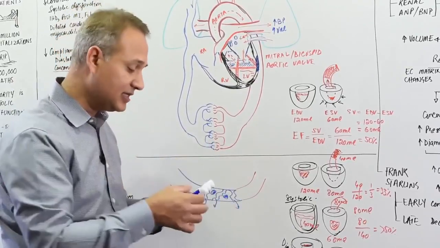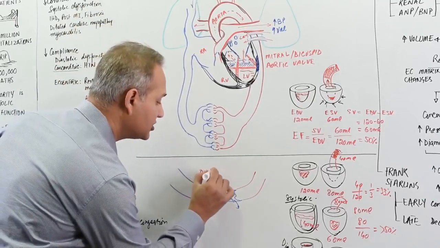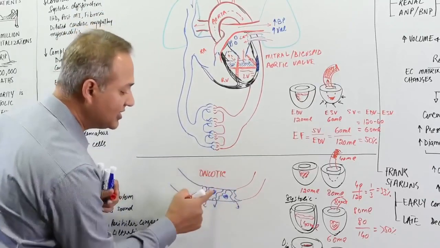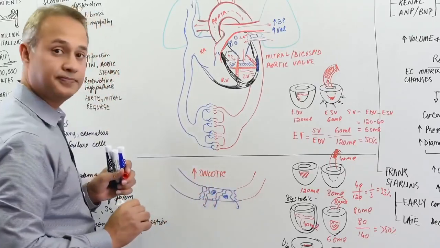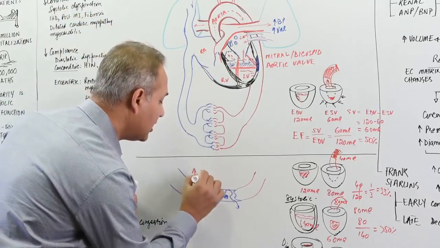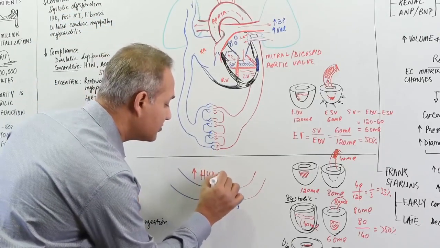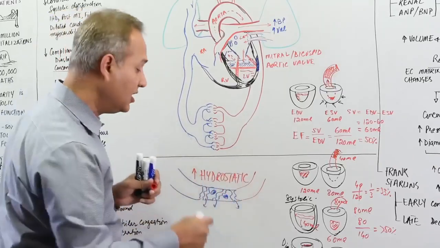That would cause, and here is the important thing, hydrostatic pressure inside the vessels to increase. Hydrostatic pressure is the fluid pressure; oncotic is the protein pressure.